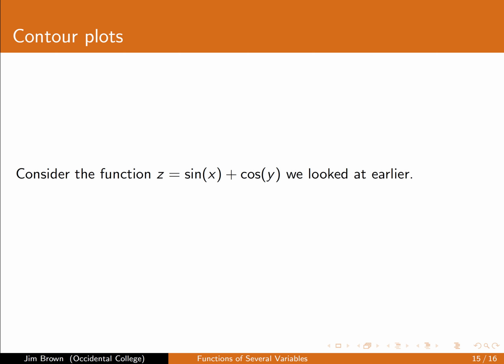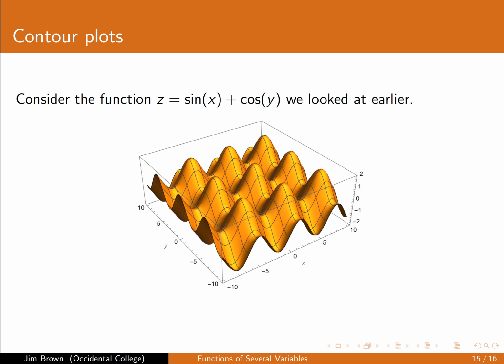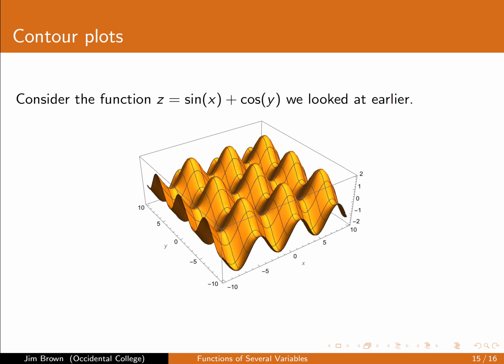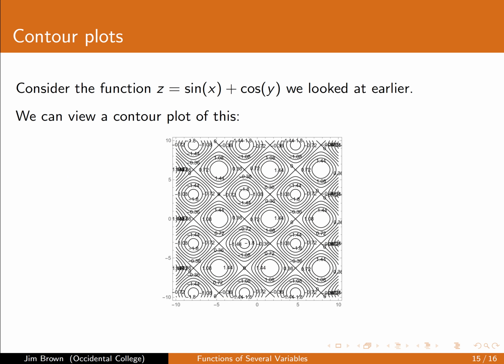So if we go back to the more complicated function z = sin x + cos y, remember this is our graph here, a bunch of bumps. In this case, our contour plot would look like this. So you can see you're getting lines here where the value is set, and then you get these different plots.